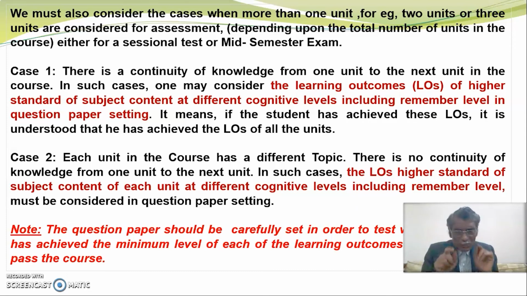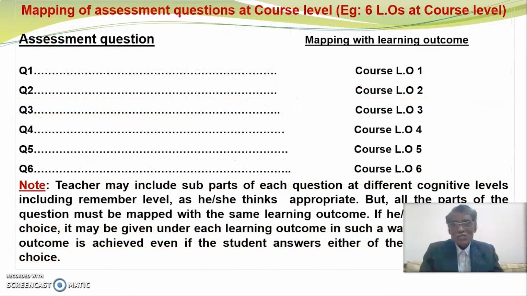So the question paper should be carefully set, sir, very important note, in order to test whether a student has achieved the minimum level of each of the learning outcomes to enable him to pass the course.